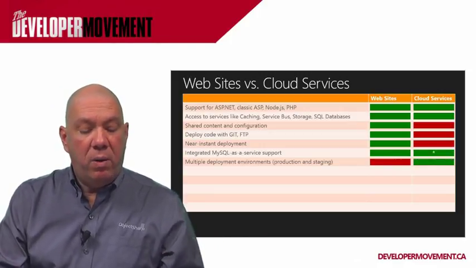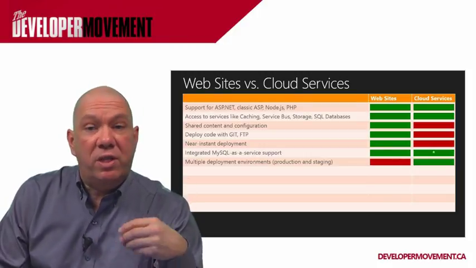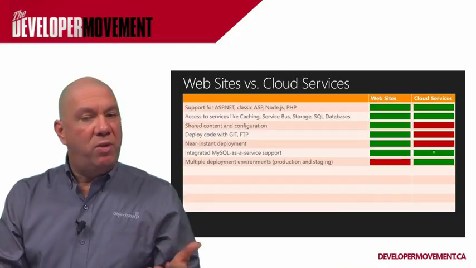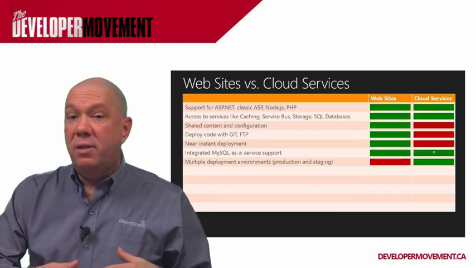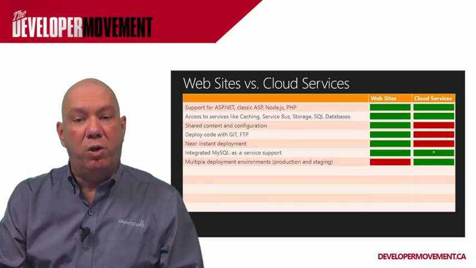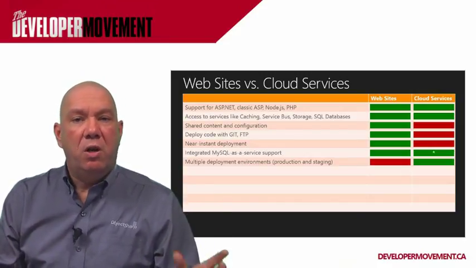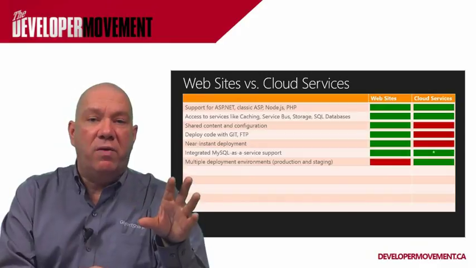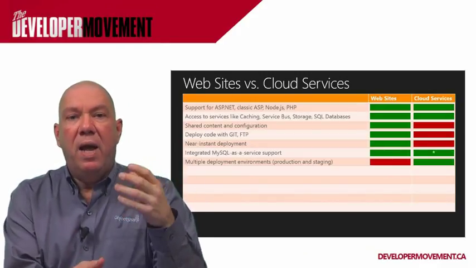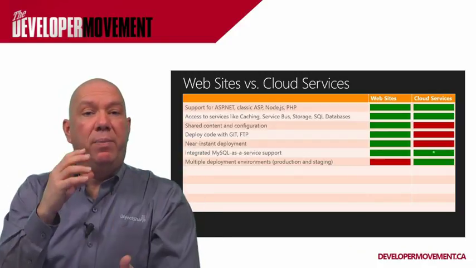Now, one of the benefits that cloud services does offer is a staging area, and websites does not. When I push to websites, that's the site. I've replaced whatever's there with whatever I happen to have pushed out. With cloud services, you've got a production environment and a staging environment, and so you've got the ability to deploy into a staging environment, and then at your choice, you flip.